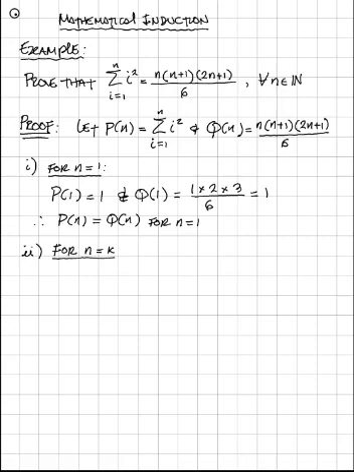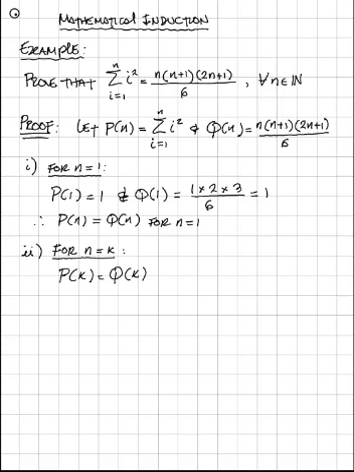So we are assuming that this proposition is true when n is equal to k, which means we are assuming that P(k) is equal to Q(k). So that is our assumption.